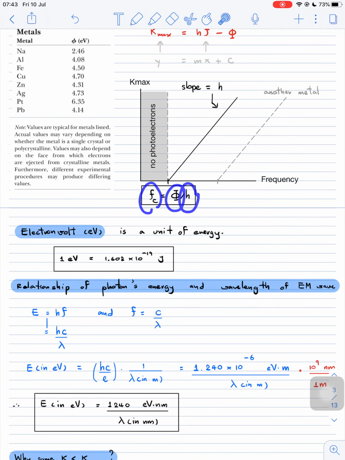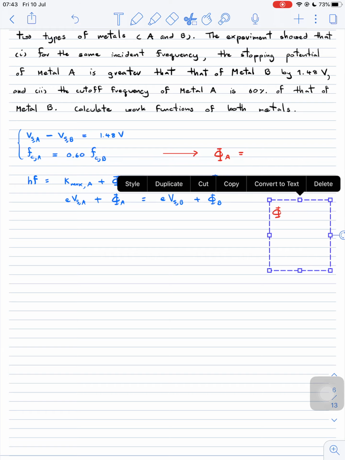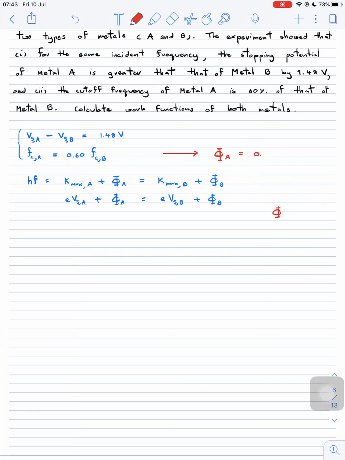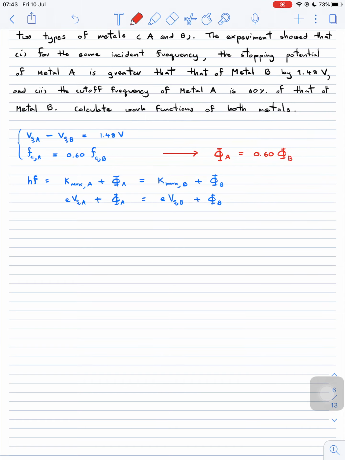So in this case we have that the work function of metal A must be equal to 0.60 times the work function of metal B.